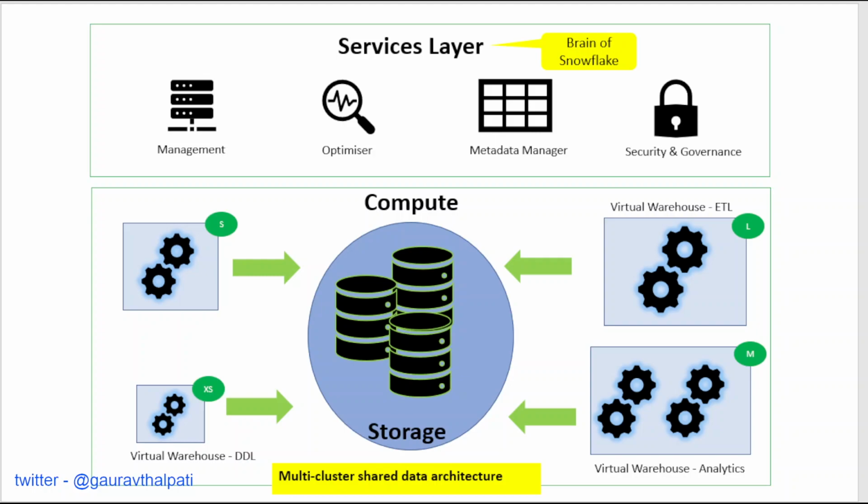So all the data will reside in the Snowflake storage. If you want to access some data, you will first have to move it from S3 to Snowflake, and then the data will be accessed. That is how the storage and compute would work.